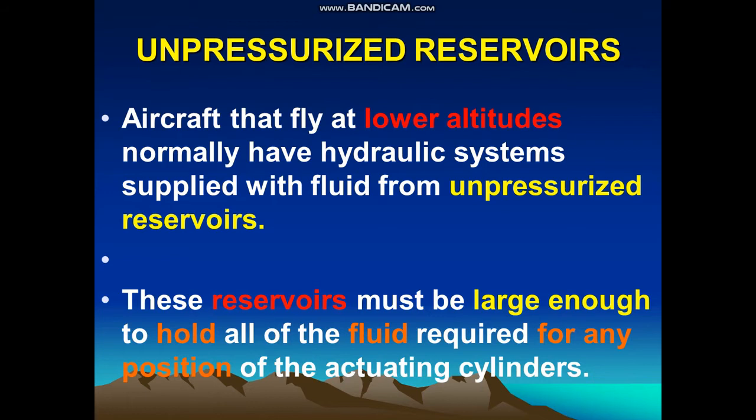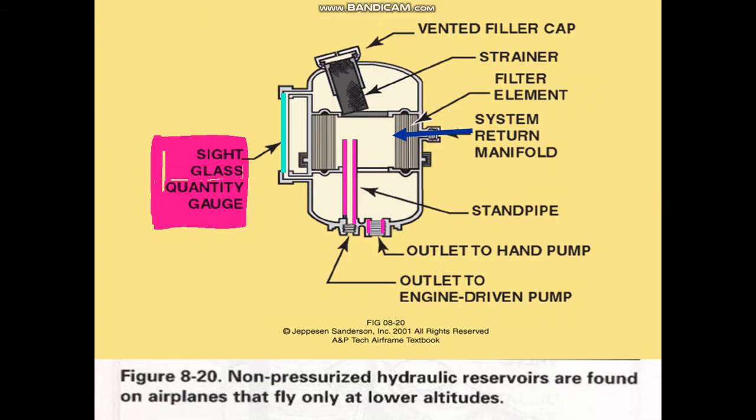These reservoirs must be large enough to hold all of the fluid required for any position of the actuating cylinders. This is an unpressurized hydraulic reservoir, found on airplanes that fly only at lower altitude. Here we have the vent to the atmosphere, and this is the difference between the pressurized and unpressurized. The unpressurized is vented to the atmosphere.